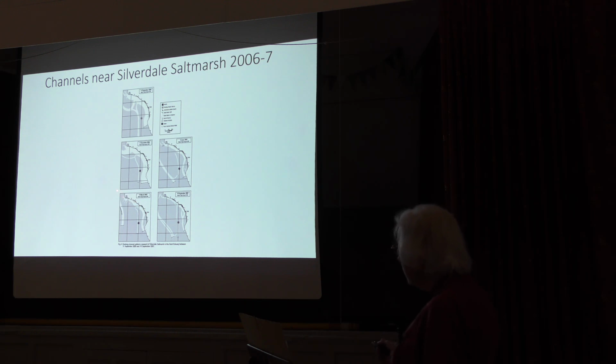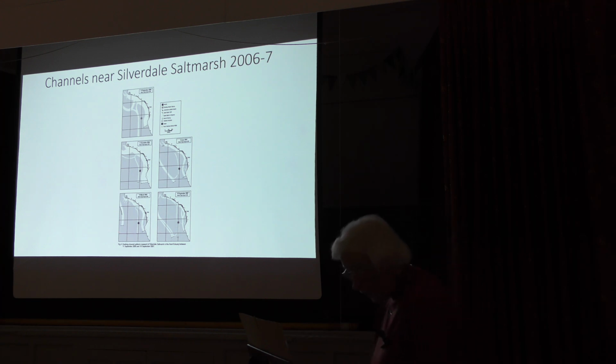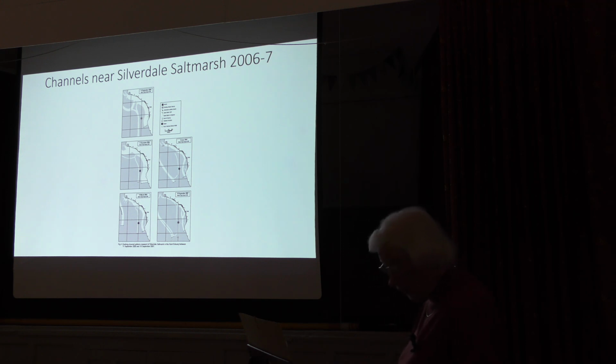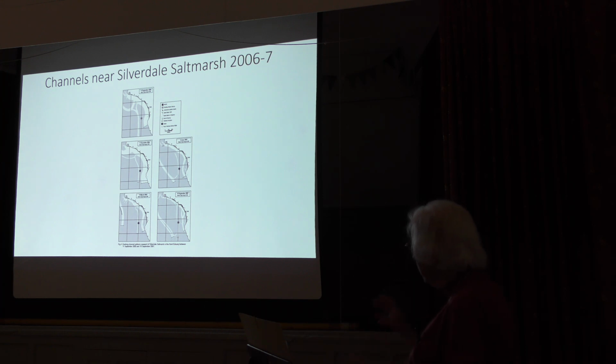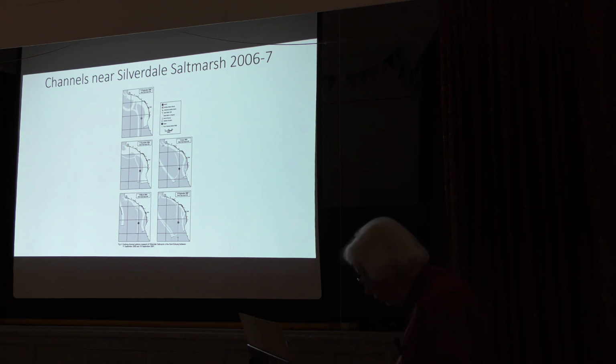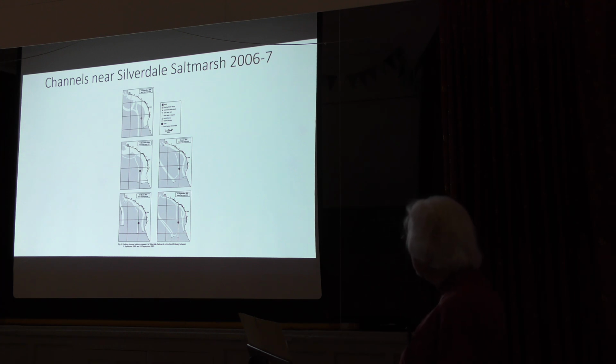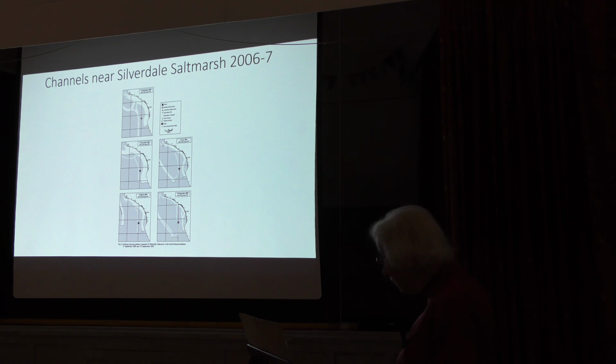Now, when we come to March, we see a completely different pattern. There's no joining of the main channel into this channel which lays along the Silverdale shore. In other words, the main channel, in fact, is down here and quite separate. And I know from the monthly surveys that the actual breaching of this channel occurred between that survey in December and one in January, about 4 weeks later.